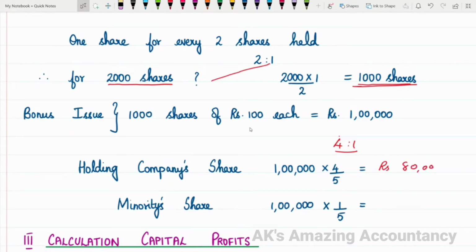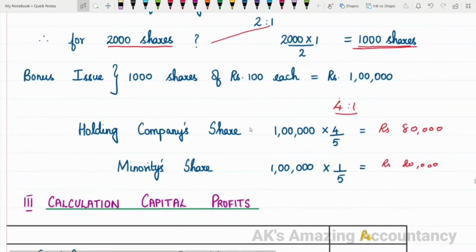And for minorities the share will be 1 lakh into 1 by 5, so that will give us rupees 20,000. So the whole value of the bonus shares, rupees 1 lakh, will be divided between the holding company and the minority as 80,000 and 20,000 rupees respectively.